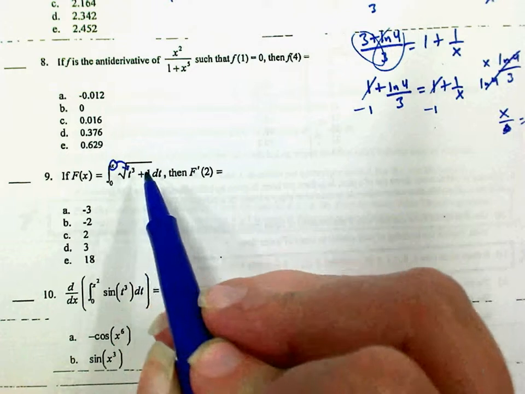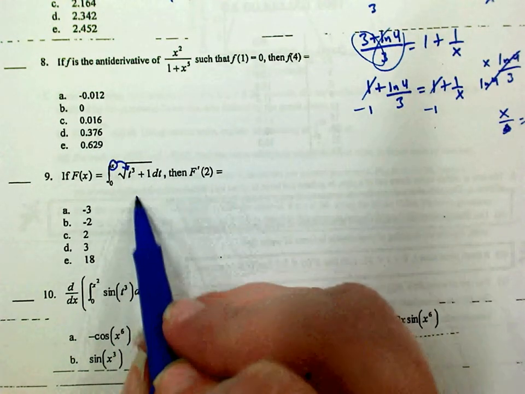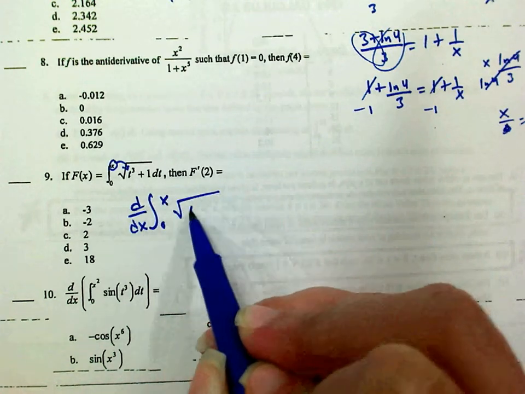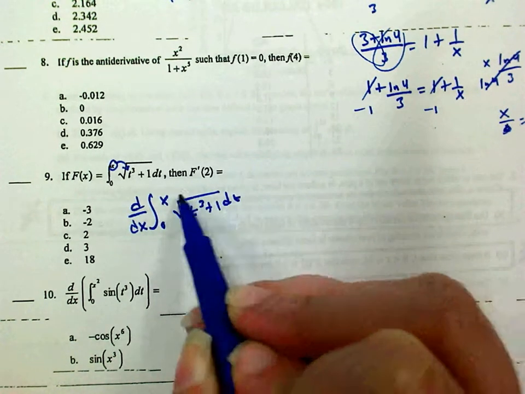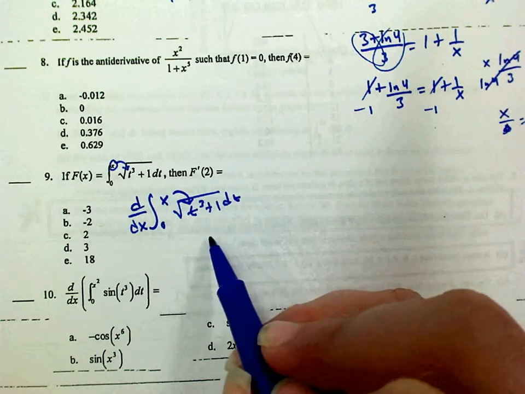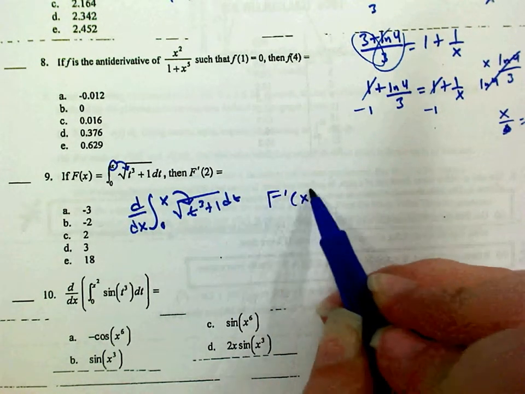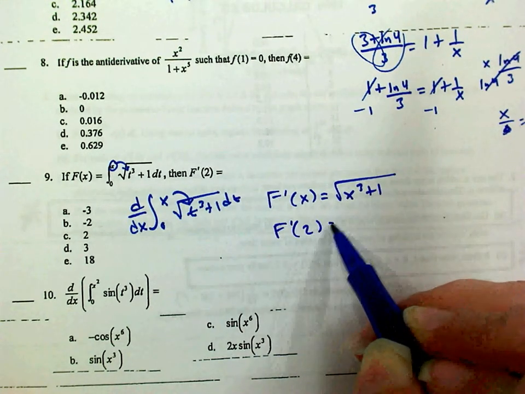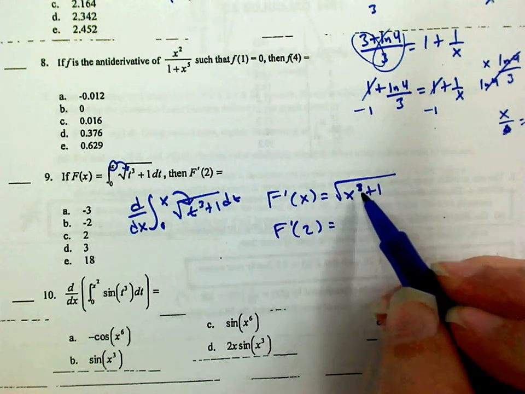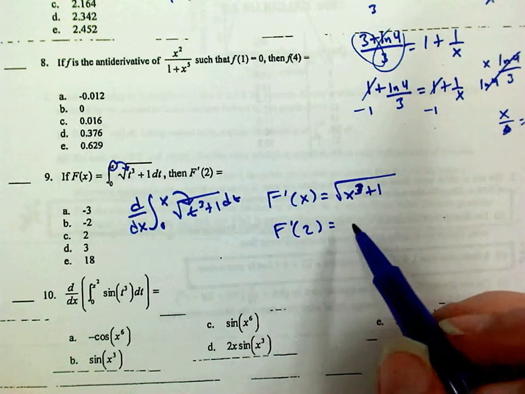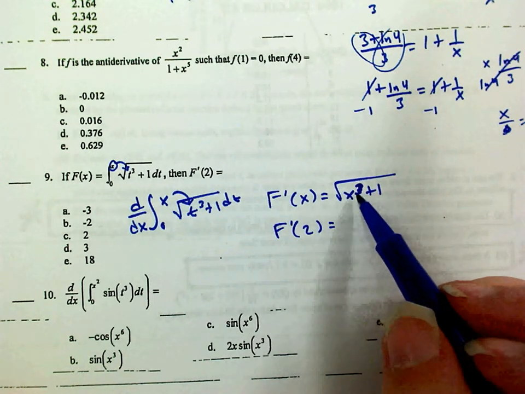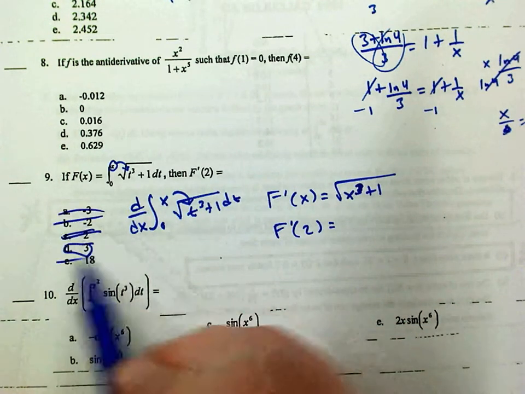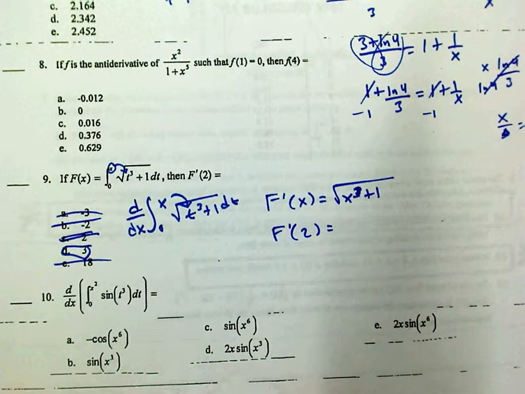When you take the derivative of an integral from a constant to a variable, all you gotta do is plug it in. So f prime equals the square root of x cubed plus 1. I want to find f prime at 2. So what do you get? There you go. 2 to the third, 8 plus 1, 9, square root of 9 is 3. And there you go. Okay, so same type thing.